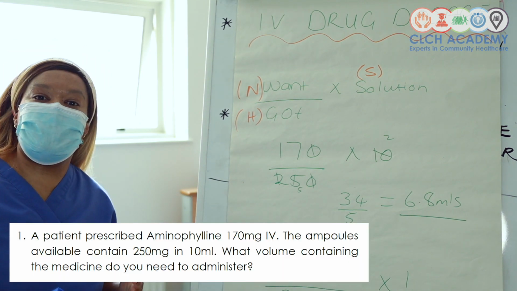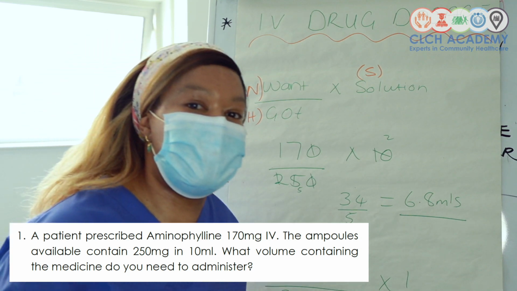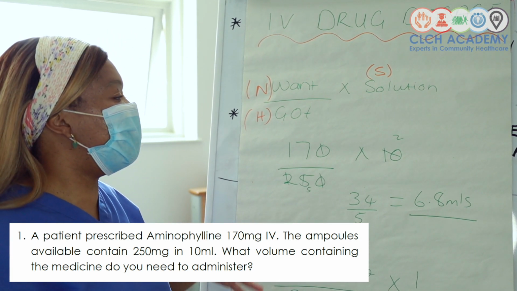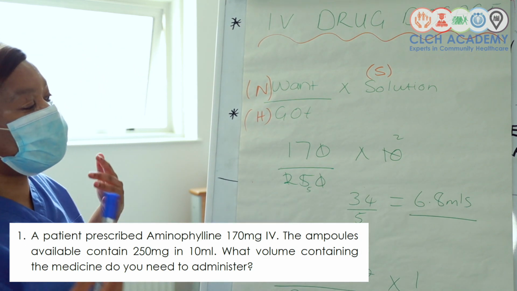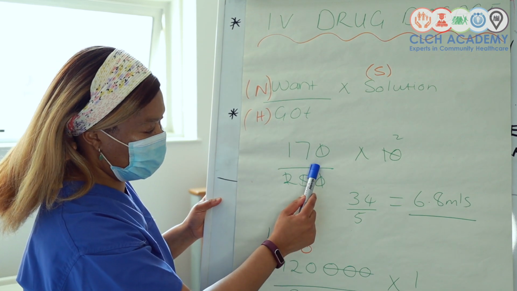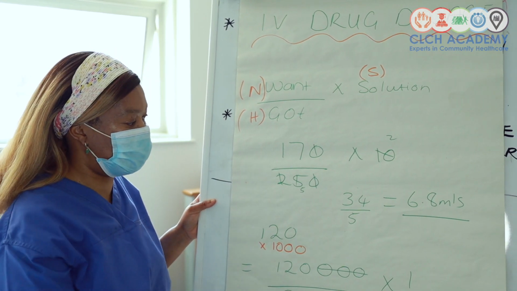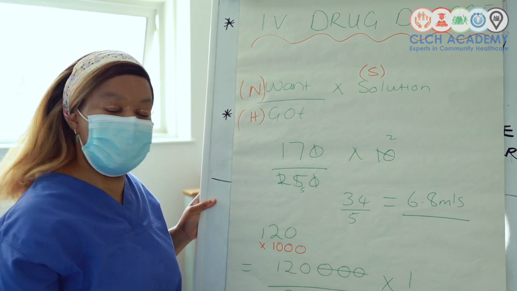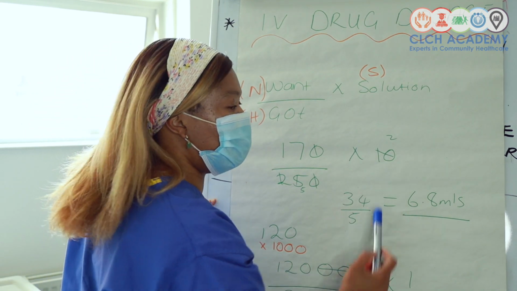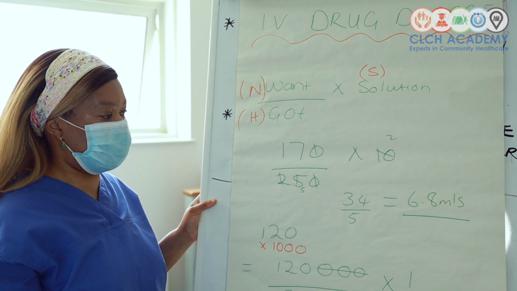Now we're giving a dose of aminophylline, 170 milligrams for instance, and we have a stock of 250 in 10 mils. Just thinking about it from the very basic level, what you want is going to go on top. So that's the 170 milligrams that you're going to be giving, divided by the 250 milligrams, which is what you have in stock that comes in the 10 mil solution.